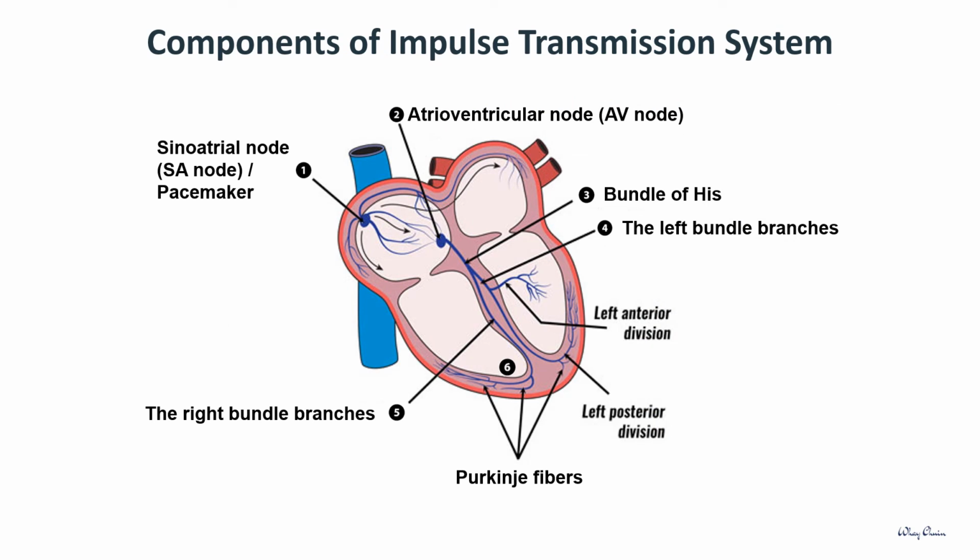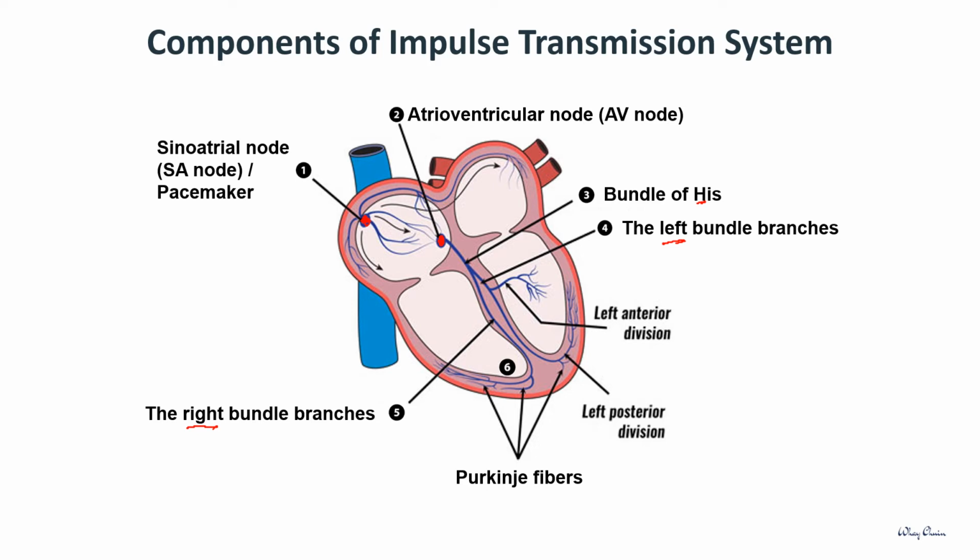The myogenic nature of cardiac muscle is initiated by the impulse generated at the sinoatrial node, also called the pacemaker. Once the impulse is generated here, it is transmitted to the whole heart through other components: the atrioventricular node, also called the AV node, and the bundle of His, which branches into the left and right bundle branches.